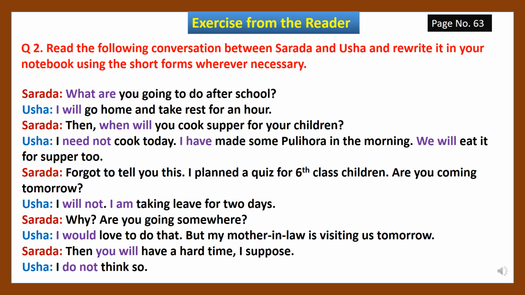Now we will move on to the second question from page number 63. Read the following conversation between Sharada and Usha and rewrite it in your notebook using the short forms wherever necessary. Students, I will read the conversation and we will identify where we can replace full forms with the short forms or contractions.